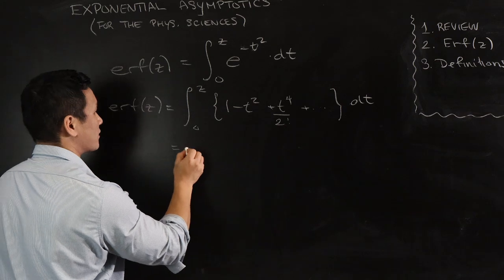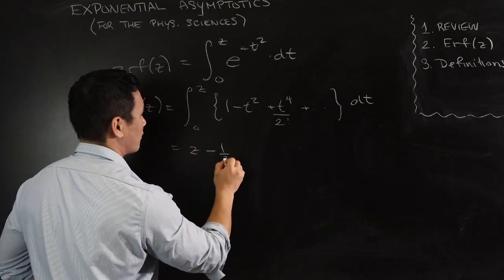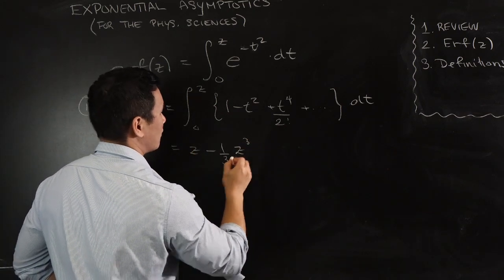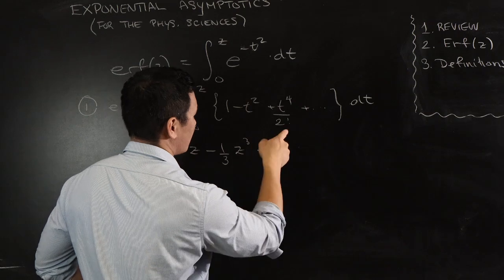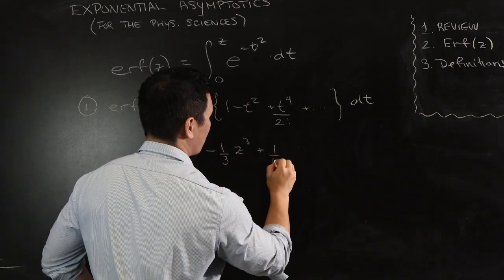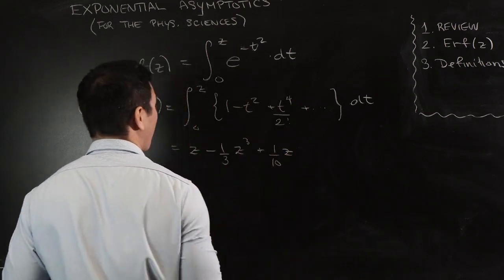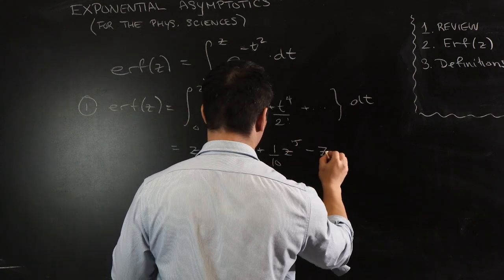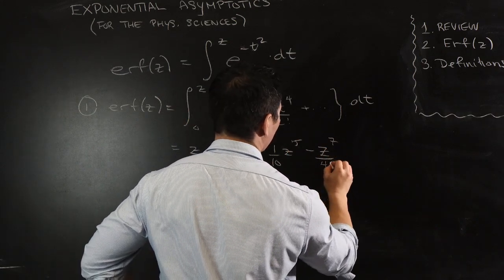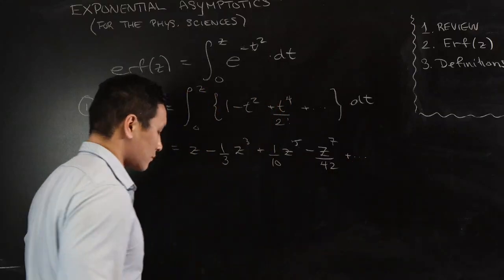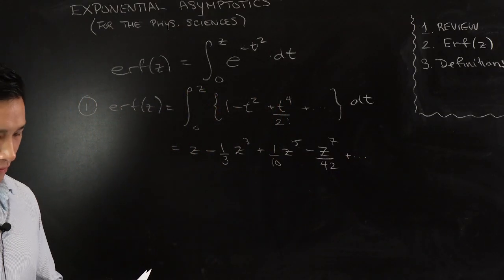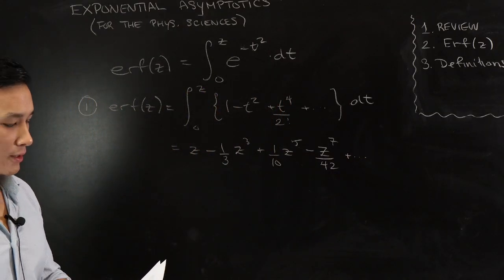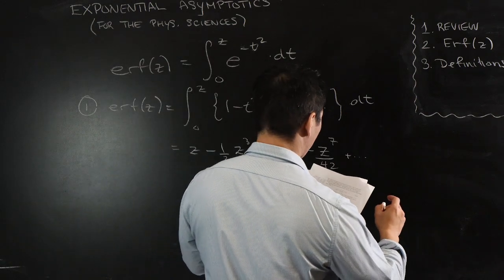So this is z minus 1/3 z cubed plus 1/10 z to the 5, and the next term is z to the 7 over 42, etc. And if we want, we can write down the full representation.